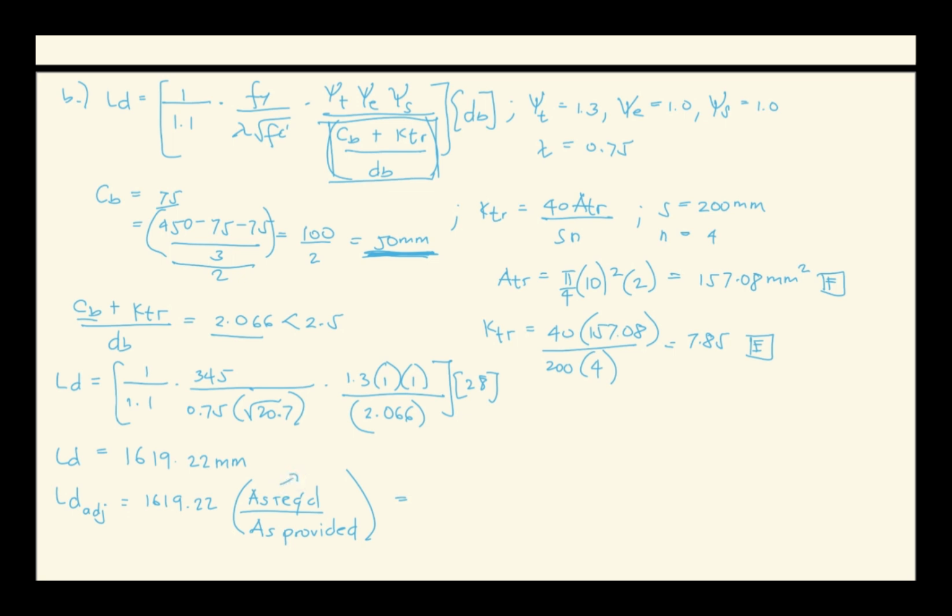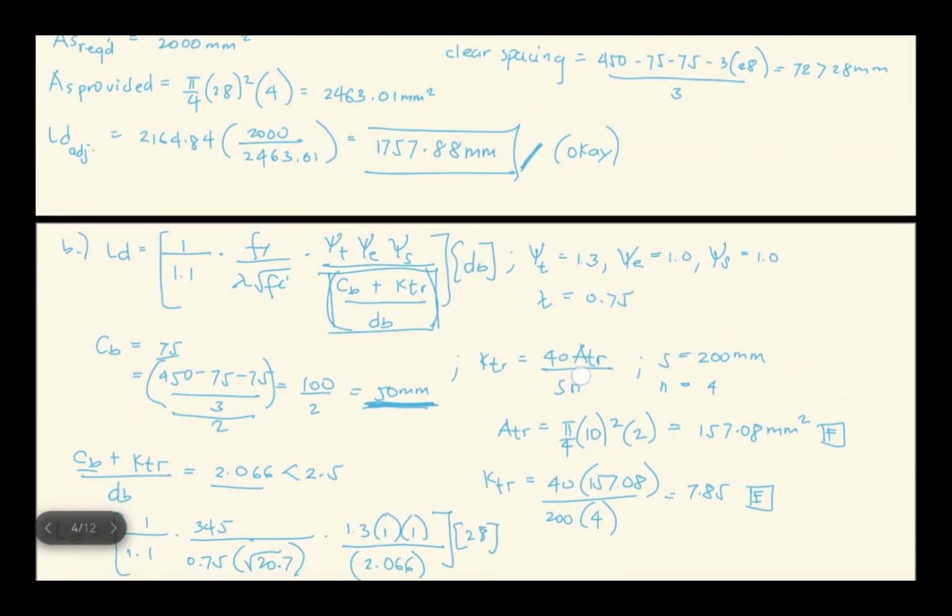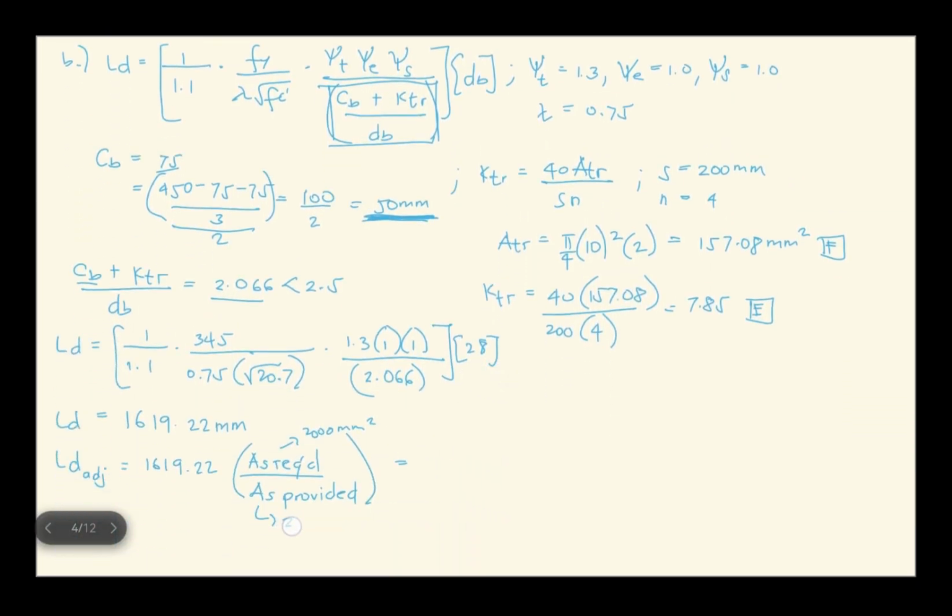AS required is given as 2000 mm squared, and AS provided is 2463.01. So this is equal to 1314.83 mm. Again, this is way greater than 300 mm. Hence, we can have this as the development length.